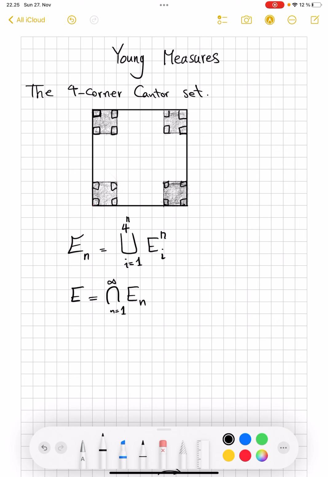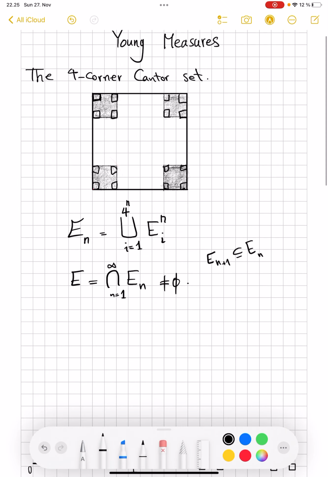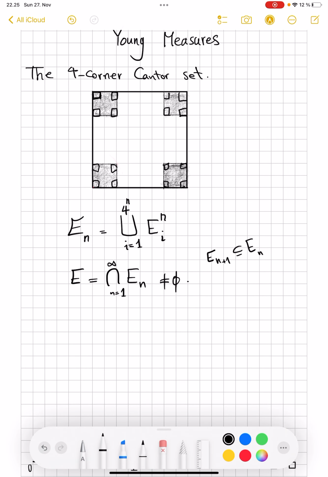Because each E_n is compact, non-empty, and these are nested so that E_{n+1} is a subset of E_n, we see that this set is not empty. It's actually also a compact set. It has properties similar to one-dimensional Cantor sets topologically. For example, it is totally disconnected: the only connected components are singletons.